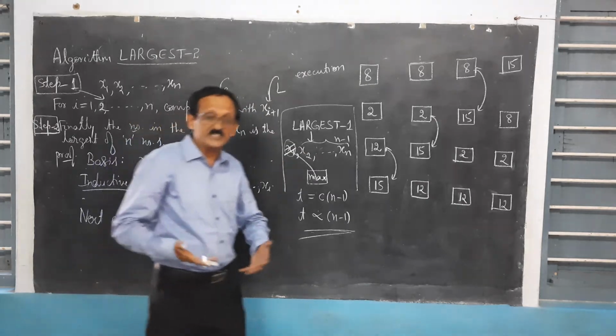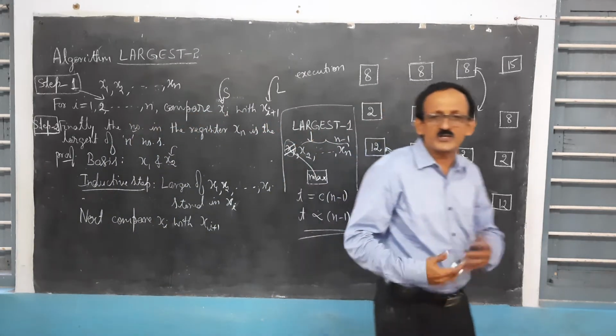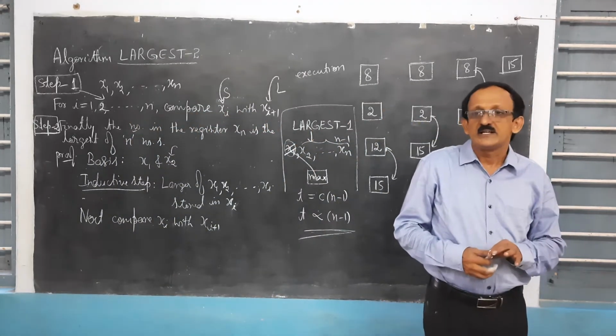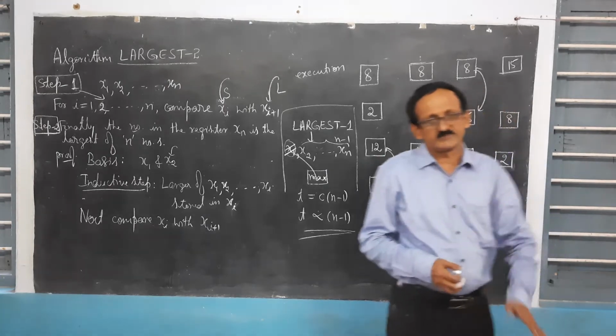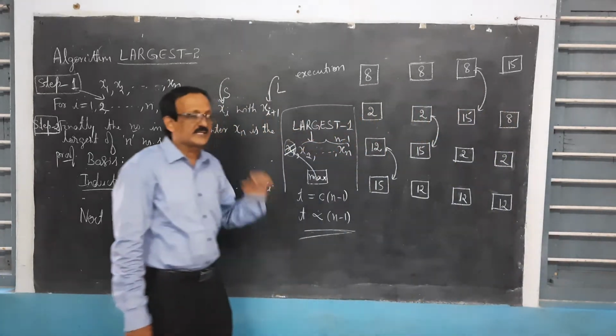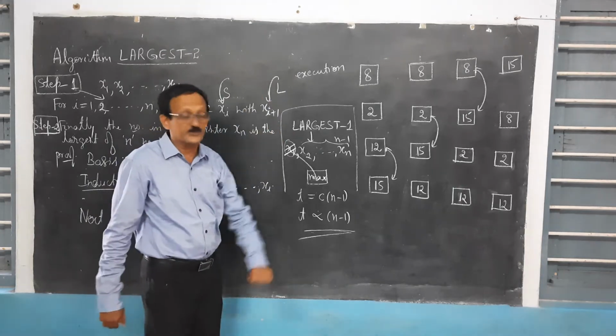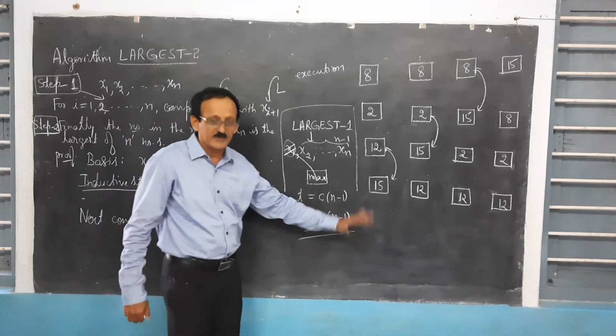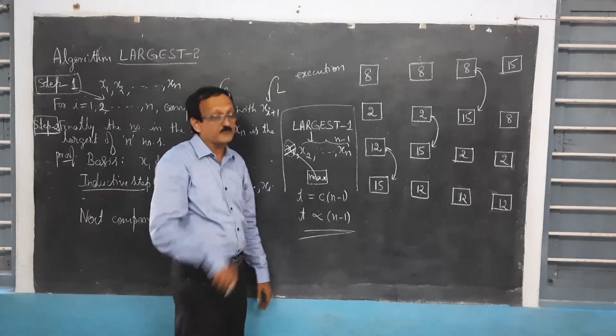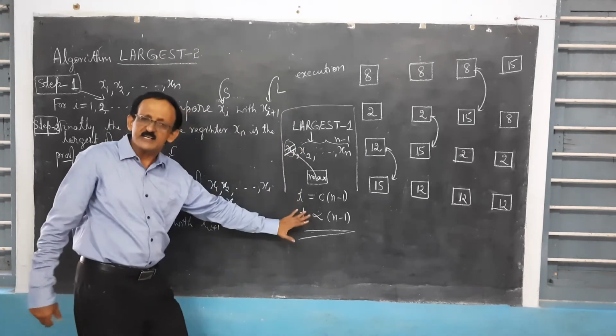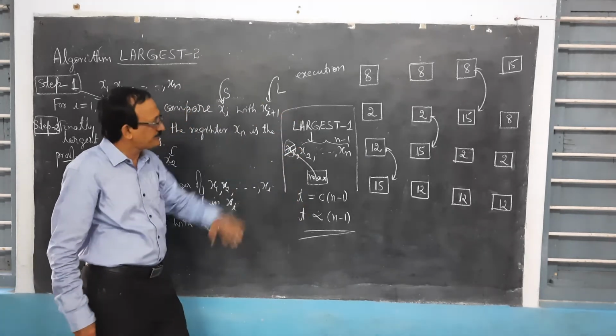The time taken for execution of the algorithm is proportional to n minus 1. That is the time complexity of the algorithm largest one.